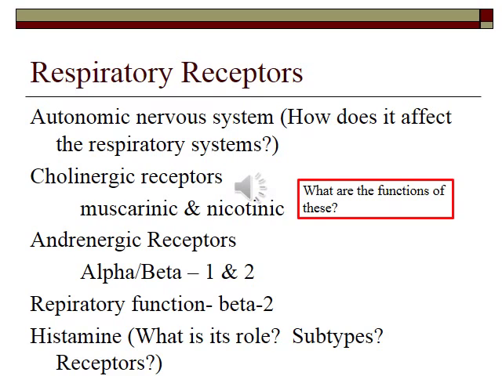H1 receptors are found on smooth muscle and nerve endings, and these are the receptors that will cause allergic reactions and will also cause bronchoconstriction. The H2 receptors are located in the gastrointestinal tract, and they regulate stomach acid. So we'll talk about that when we get into the gastrointestinal medications.